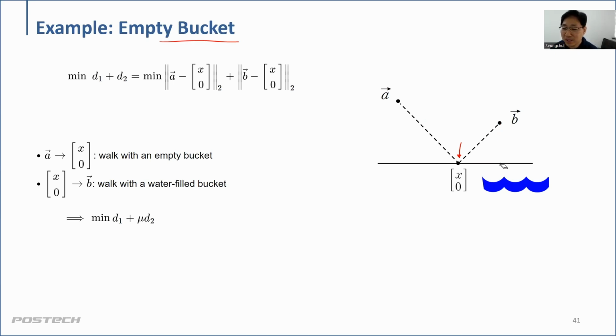Okay, so the first thing that you guys can think, probably you get some mirror effect, like here, because the walking distance from this one is the same as this guy. So you can think probably this one is the optimal point, right?